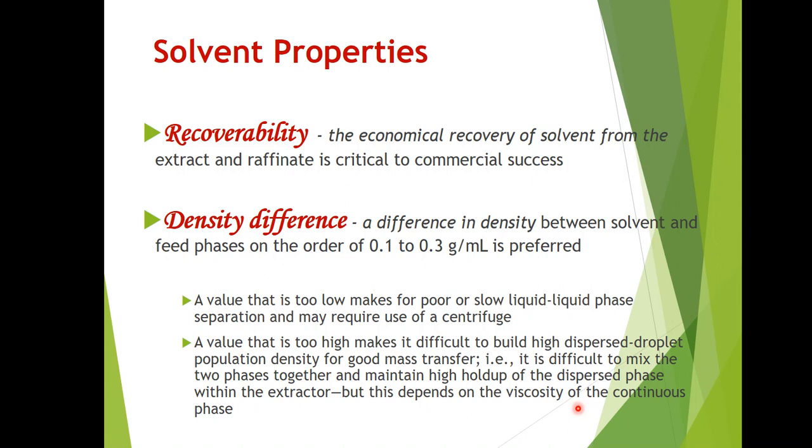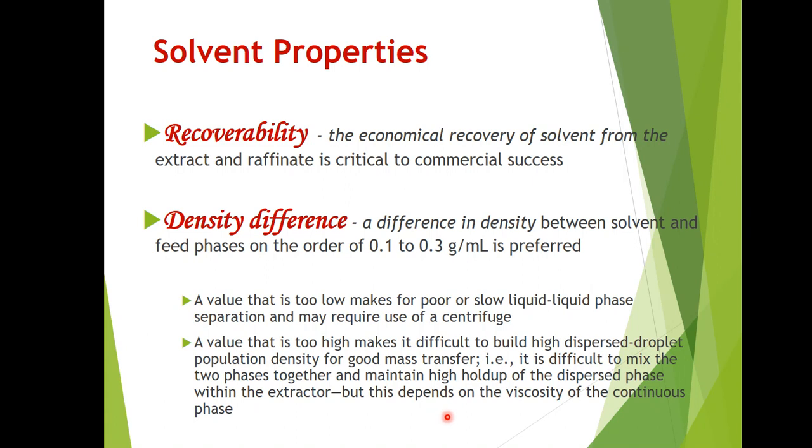So again, the dispersed phase most of the time is your solvent and your continuous phase is your feed. But in some other cases, it's the other way around. You just have to be able to get that particular information accurately in the problem.